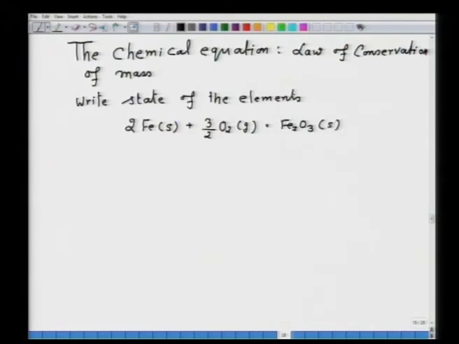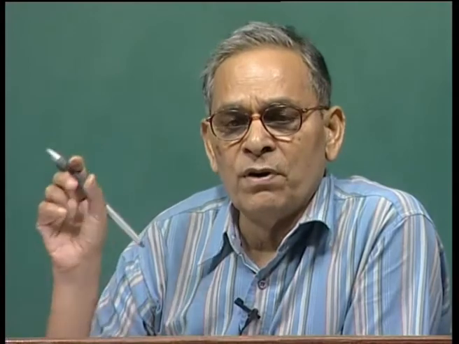Now, this habit of writing the chemical equation utilizing the state of the element is very helpful for various thermophysical and thermochemical calculations in thermodynamics, because when there is a state change, then the latent heat and all those things are involved. So, if in the equation those states are represented, you will be safe in your calculation.